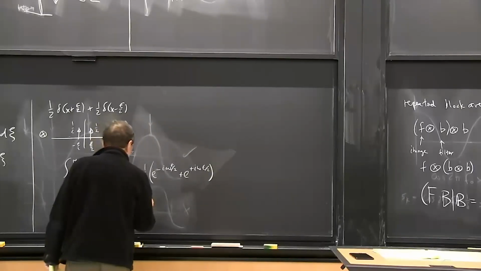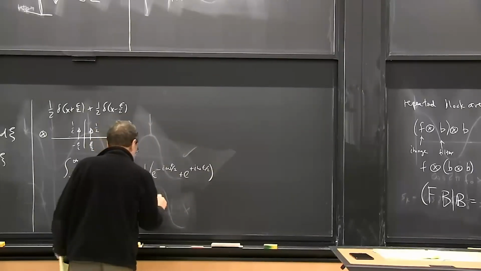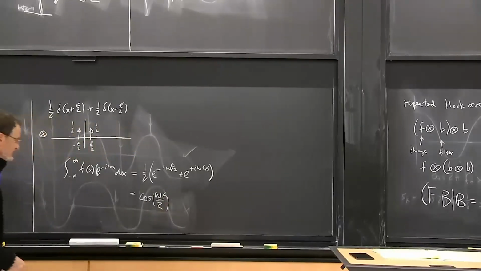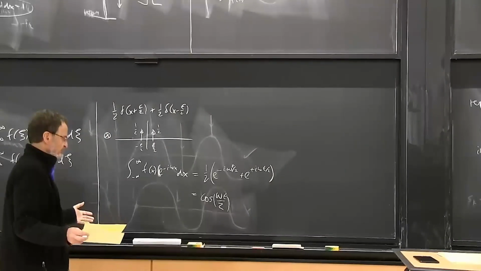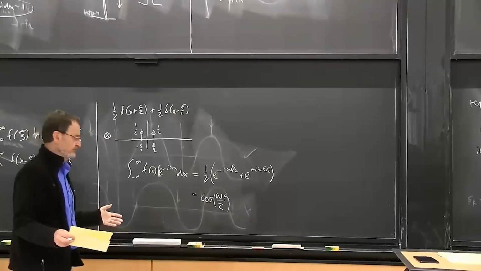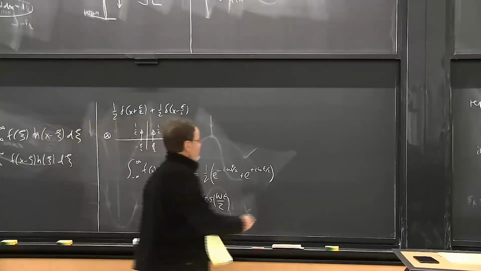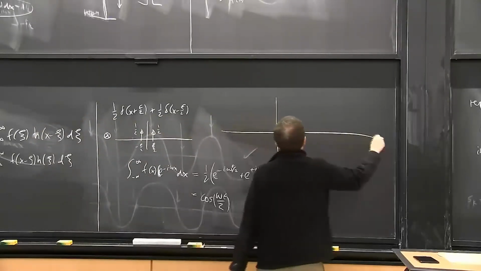And that's cosine of, so that doesn't drop off with frequency. Well, it does near the origin. So let's see what it looks like.